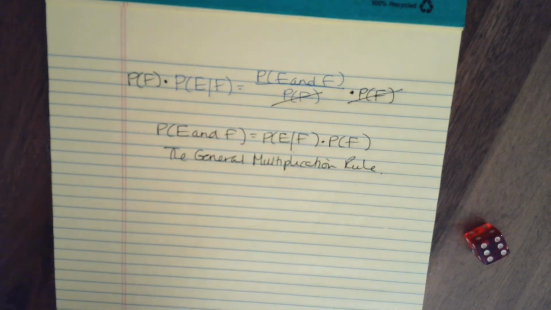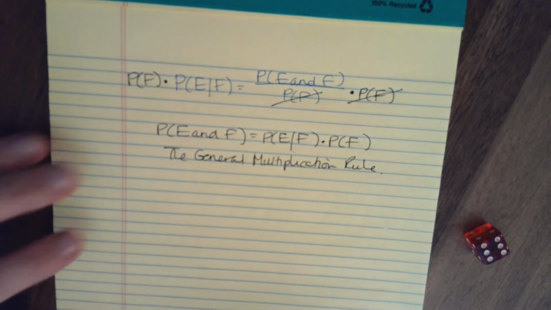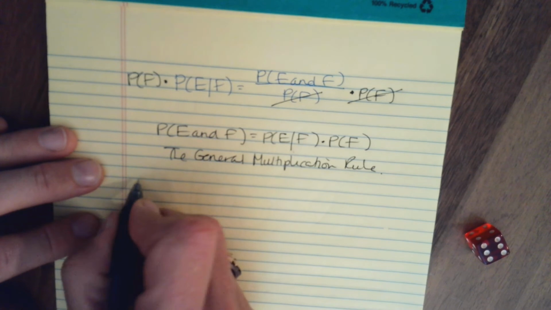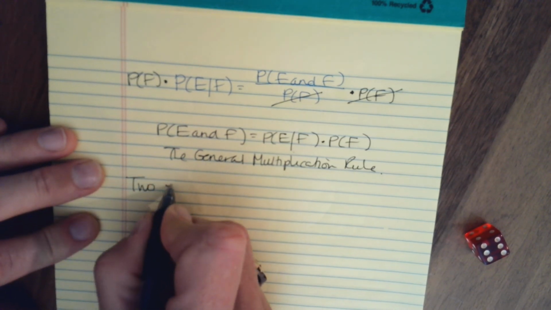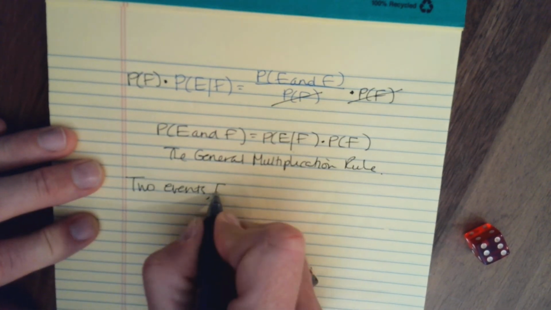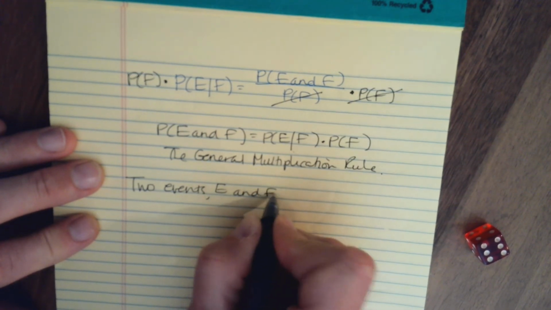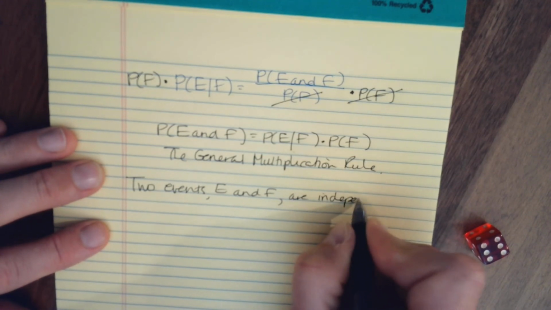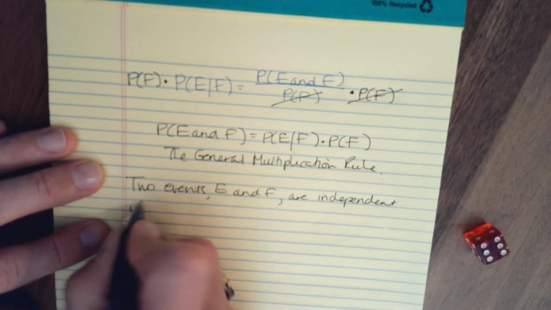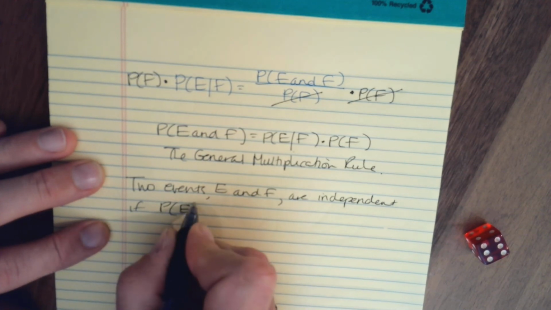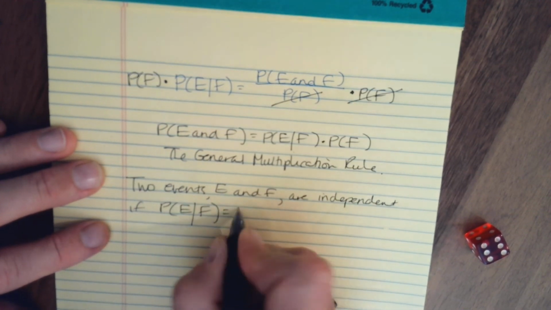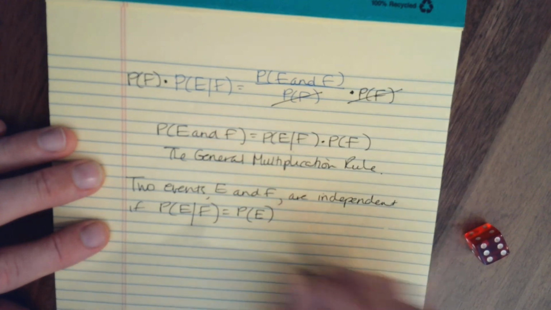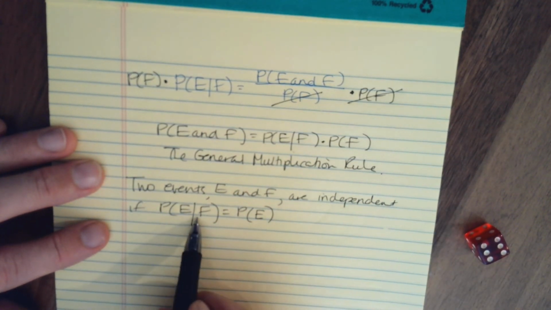All right, and lastly in this video I want to say something about independence. Two events, E and F, are independent if the probability of E given F equals the probability of E. In other words, this means knowing that F has happened does not affect the probability of E, so this provides no additional information.